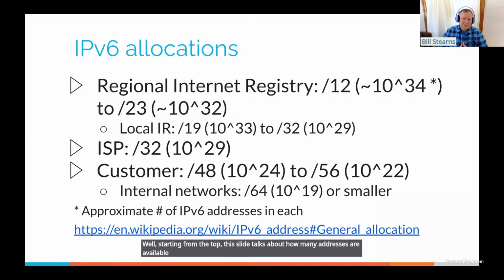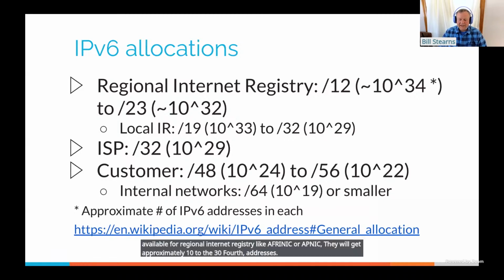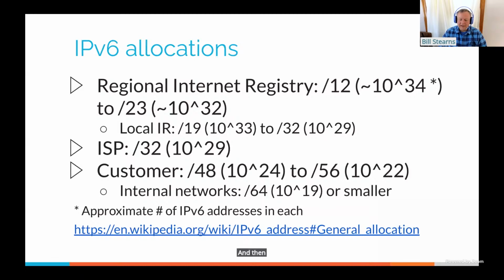For a regional internet registry like AFRINIC or APNIC, they will get approximately 10 to the 34th addresses, or perhaps as small as 10 to the 32nd addresses. Either way, an immense number of addresses.